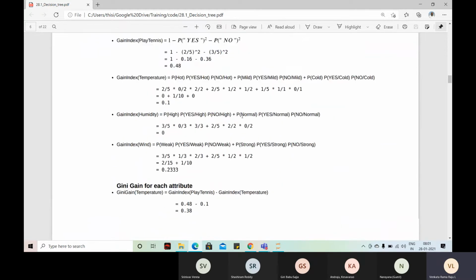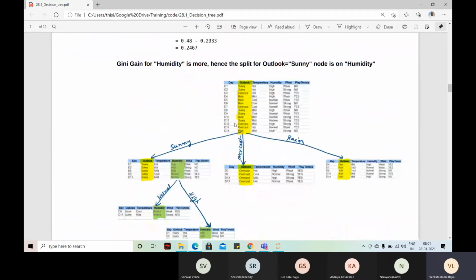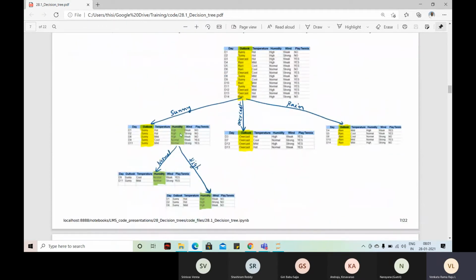When you have to split that node, you need to find out, on this data, which feature can actually make a clear distinction. We already made a split on Outlook, and for all these records Outlook is sunny, so we cannot split on that. For temperature, humidity, and wind, we can make a split. Out of these three, which one is good?